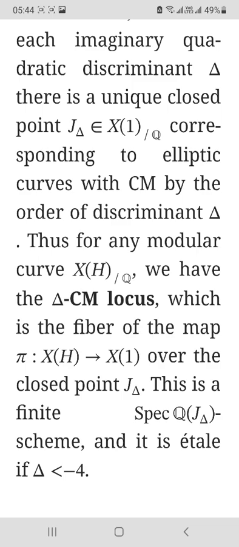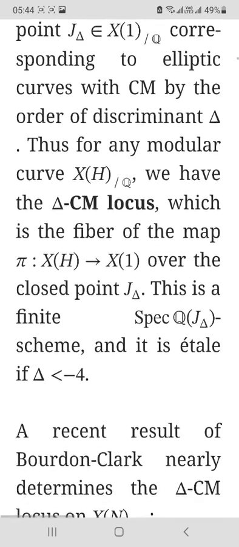So J delta belongs to X(1), corresponding to elliptic curves with CM by the order of discriminant delta.